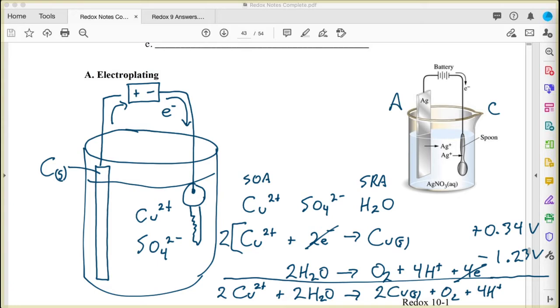So when I combine these, you're going to see that we've got a negative voltage, which, let me grab my calculator quick because I don't feel like doing math in my head, which is negative 0.89 volts. So sorry, I'm a little cramped there. So that means in order to make this reaction work, we would have to pump in out of our power source at least 0.89 volts to make this work.